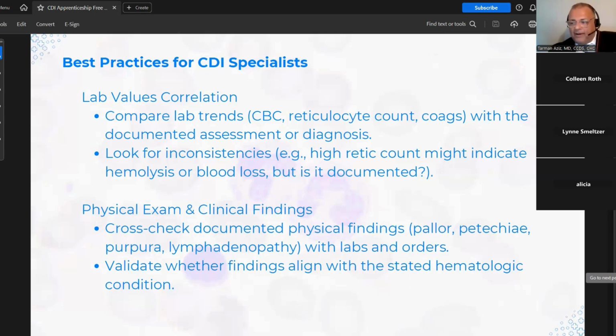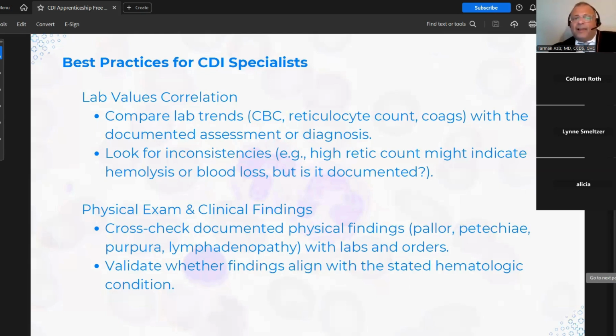Remember, in coding and in CDI work, we're not interested in signs and symptoms being coded when a viable diagnosis exists to explain those signs and symptoms. So just like we'd rather see atherosclerotic heart disease leading to a type 2 myocardial infarction than to just see chest pain or angina or acute coronary syndrome, all of which are pretty useless.